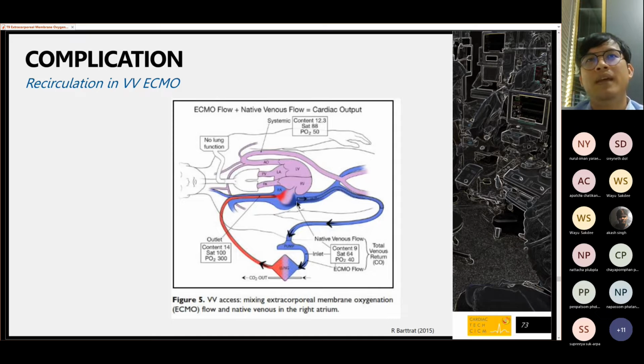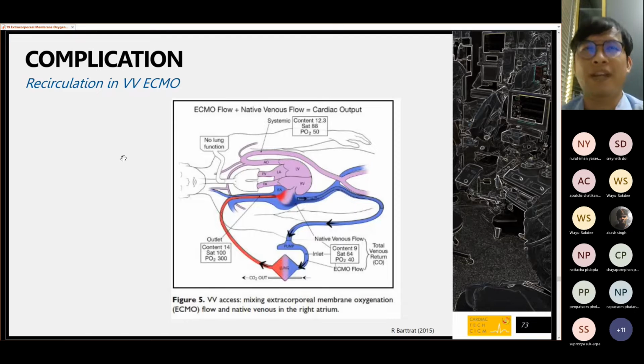It means the blood goes to the ECMO circuit and comes back to the patient again, but that flow goes directly to the venous cannula tip, which causes the blood to go out from here and go to here again.